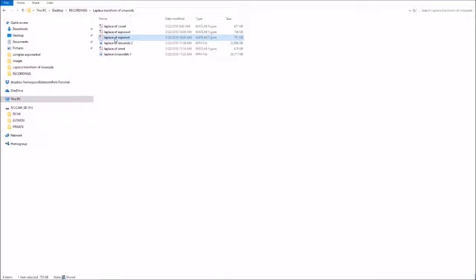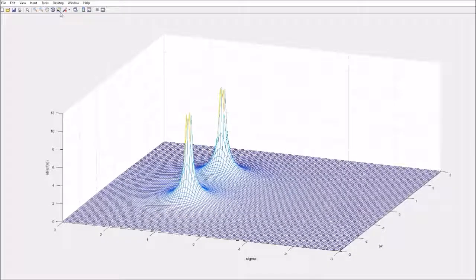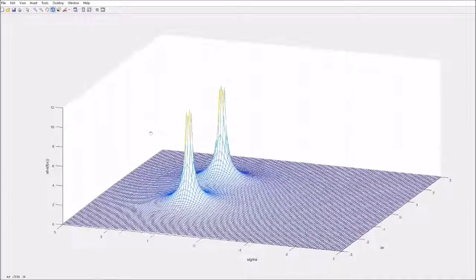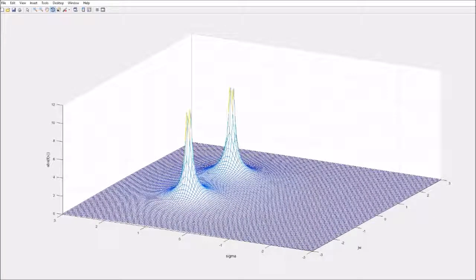So this is going to be this one here. Okay, so again, what we've done is we've taken the sine omega t multiplied by e to the sigma t, and it's shifted in the sigma axis by a value of 1. Okay, so there you can see it.